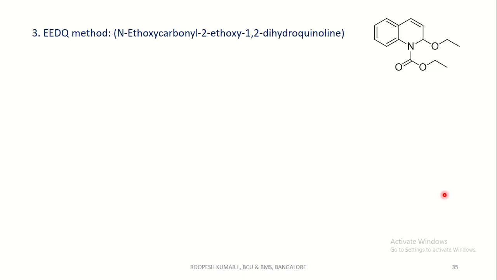Coming to the next method, the EEDQ method, which is also called N-ethoxycarbonyl-2-ethoxy-1,2-dihydroquinoline. This is the carbonyl, and this is the second position, so 2-ethoxy. 1,2-dihydro: a double bond is missing, hence dihydro, and this is a quinoline moiety.